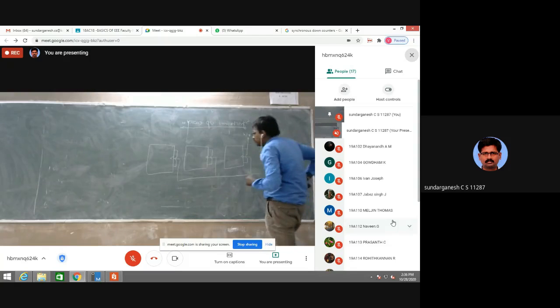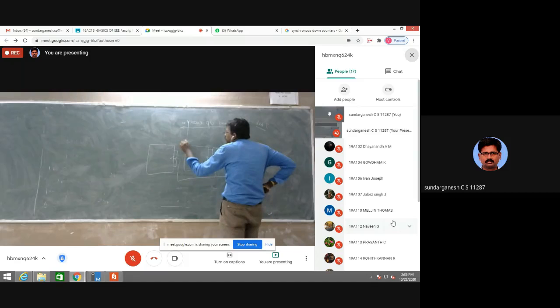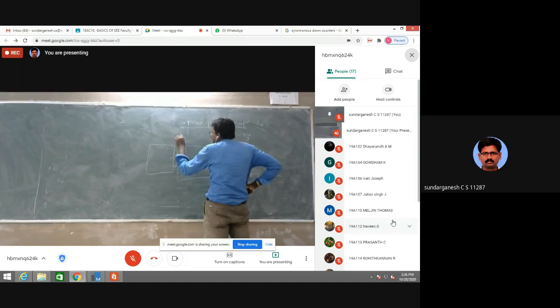The second flip-flop is connected to the QA output. The third flip-flop is connected via an AND gate. The inputs to the AND gate are QB and QA.